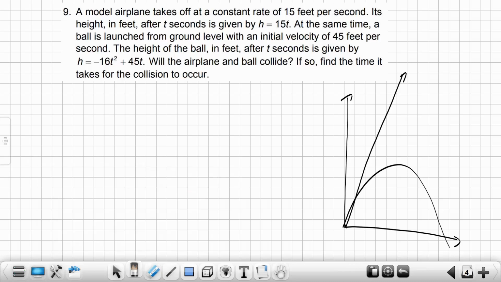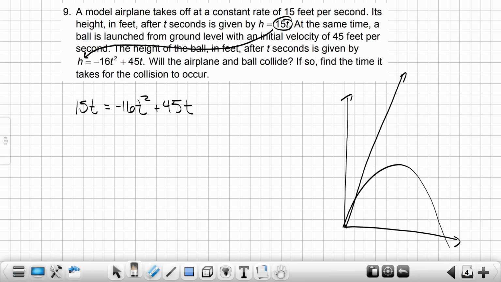So let's see. We have h equals 15t, so we're just going to take 15t and literally plug it into here. Let's get it equal to 0 so we can use the quadratic formula.